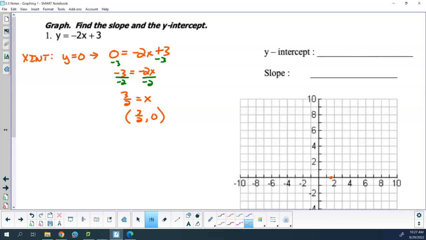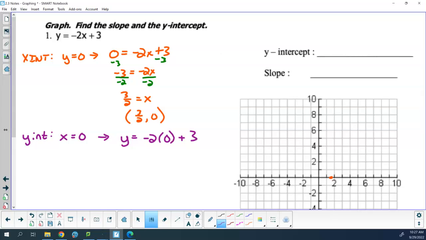Okay. Then I need to find my y-intercept. That is where x is equal to 0. So that's going to be y equals negative 2 times 0 plus 3.